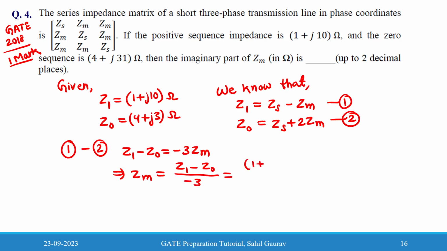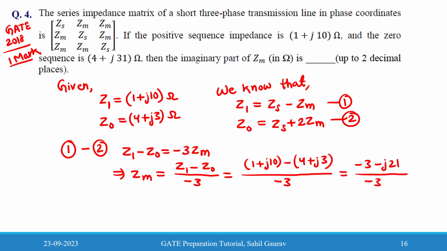So (1 plus J10 minus 4 plus J3) divided by minus 3. So it will be (minus 3 minus J21) divided by minus 3. So it will be 1 plus J7. That one minus J7, sir.